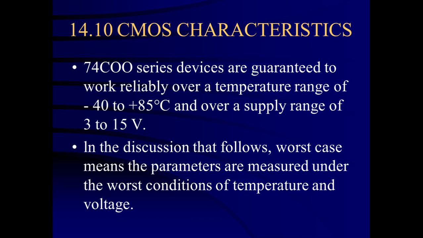So even if a slightly unregulated voltage is there, or you are in circumstances where voltage fluctuation is going to be more, there is no harm to the CMOS IC. Second, its temperature range is wider than the TTL range.